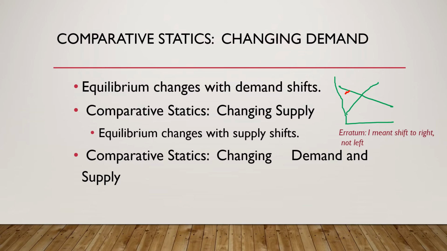A change in the QS would only mean that the QS has moved from, let's say, this point to this point. So technically, if we are just talking about changes in QD and QS, there is no change in the point of intersection. The equilibrium point remains in this area.